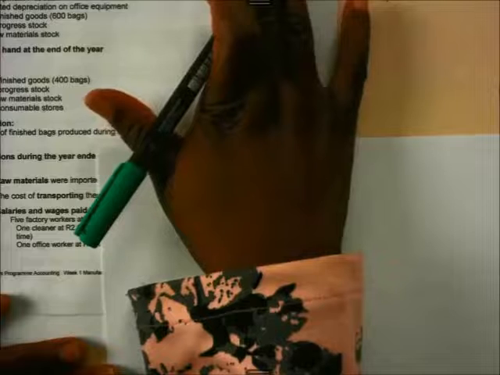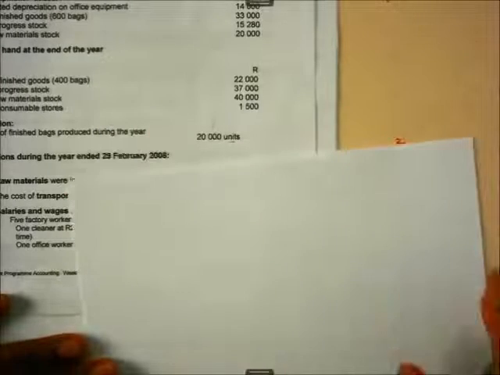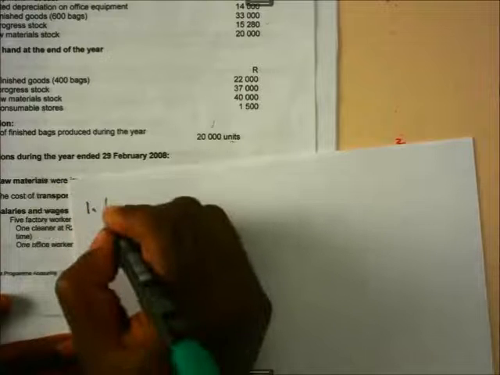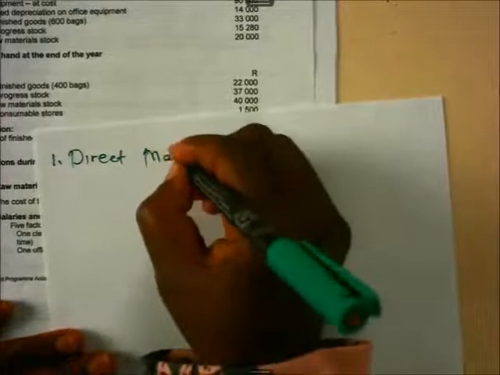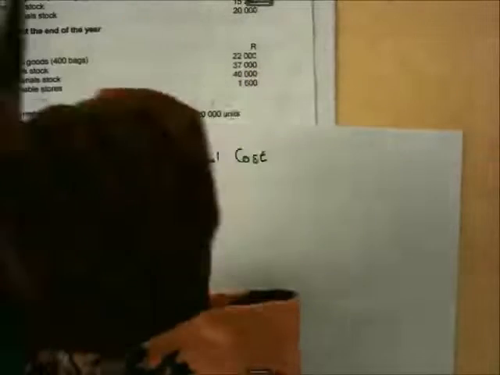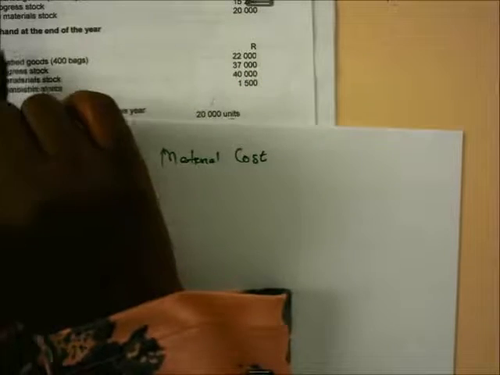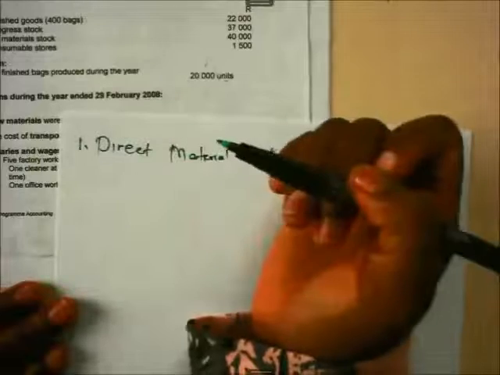We have been provided with the opening balances in each account. Now when we start the notes, we start with the direct material note. We have been given the opening balances, then the closing balances, stock on hand at the end of the year, and the transactions during the year.